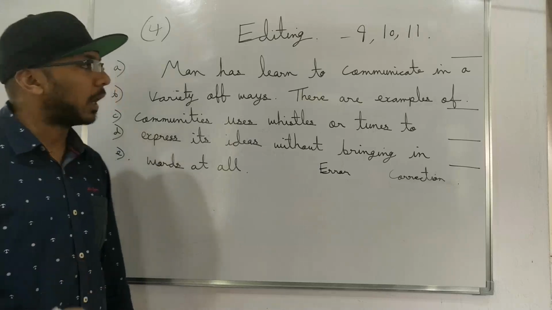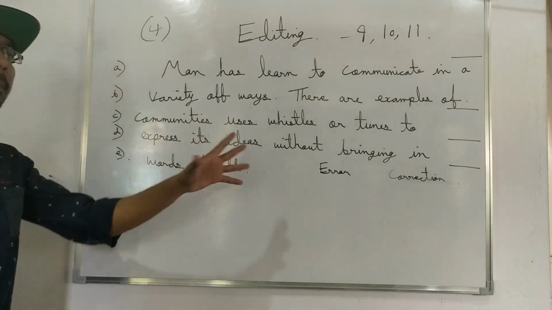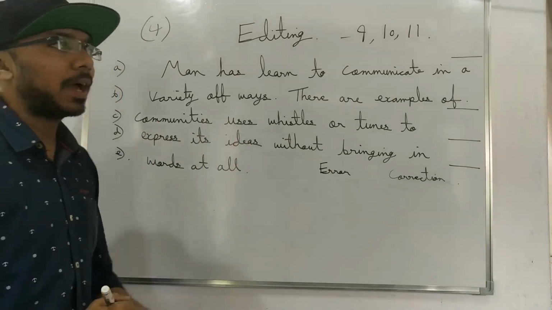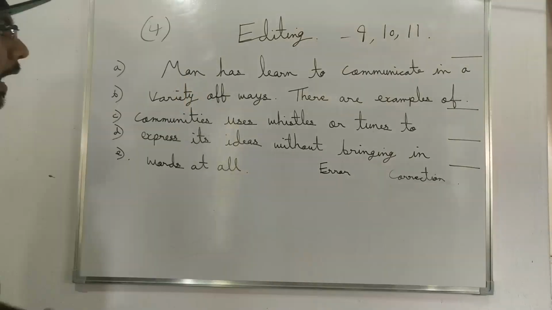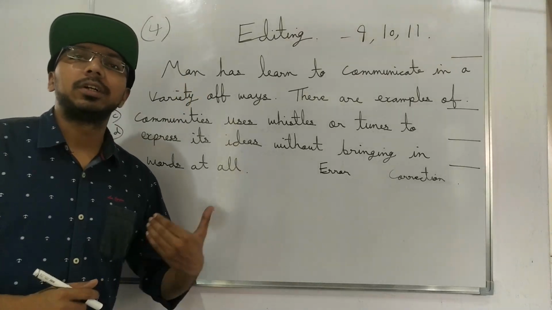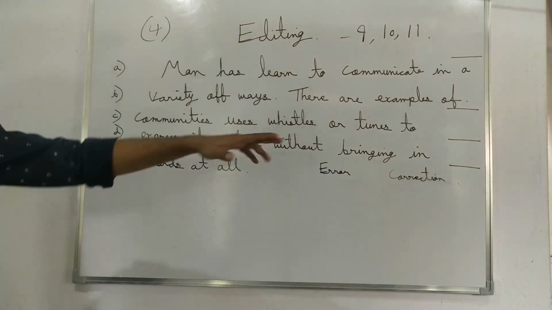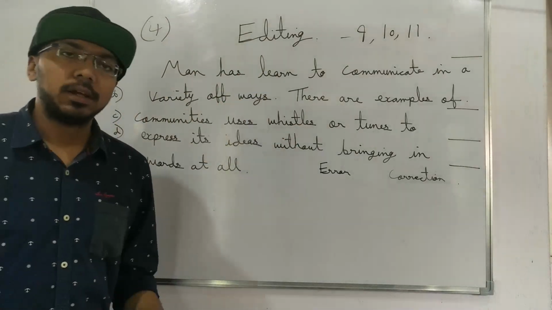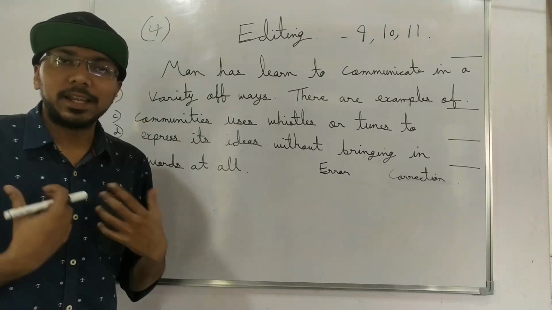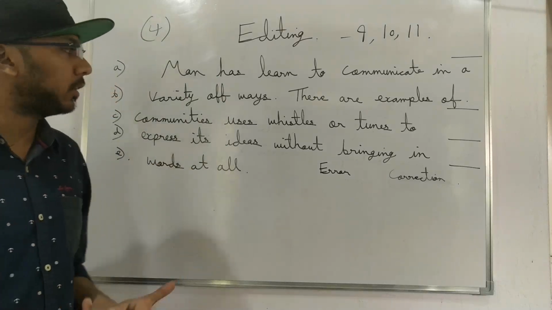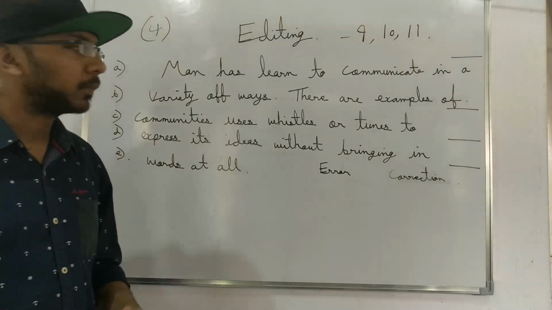Now we'll start with how to solve it. Read the paragraph and try to analyze what it is talking about and which tense it is written in. Man has learned to communicate in a variety of ways. Communication is an inbuilt quality that we have. We communicate through our voice, through our actions.